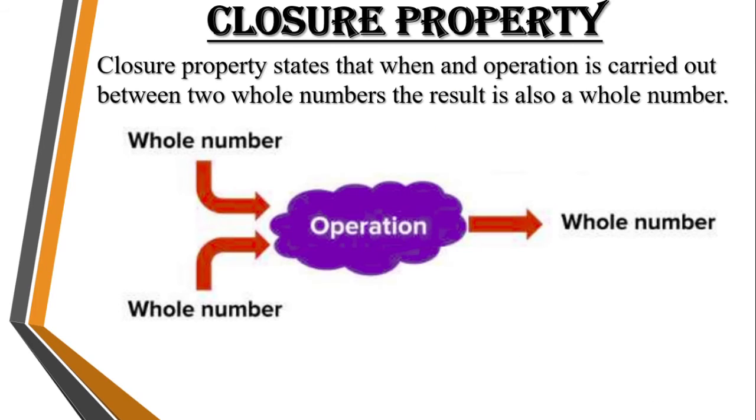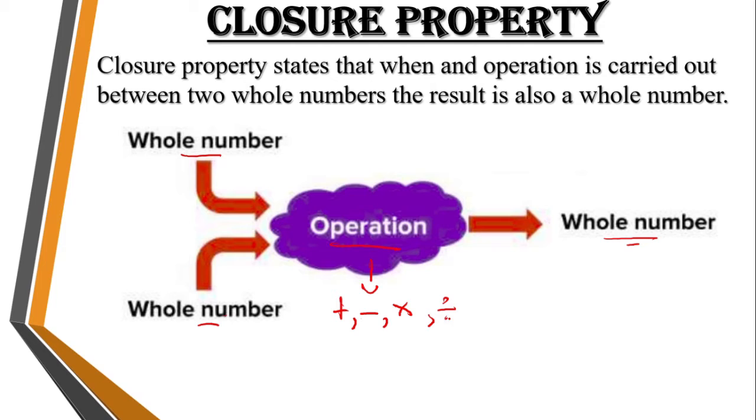So every property states one rule, and closure property states that when two whole numbers are considered in an operation, the result should be a whole number. The operation may be addition, subtraction, multiplication or division.